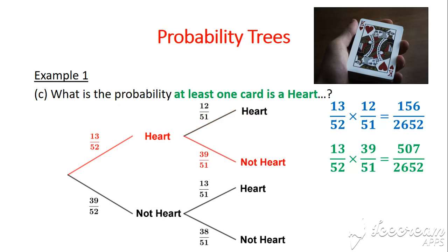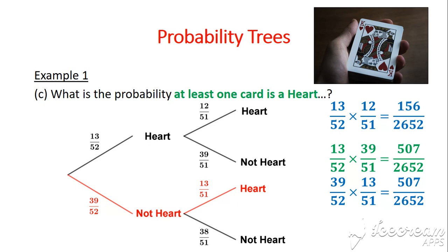We could have this scenario, getting a heart first and not a heart second, and multiply those to get 507 out of 2,652. Or another possibility could be getting not a heart first and a heart second, to get 507 chances out of 2,652. So there are three possibilities.